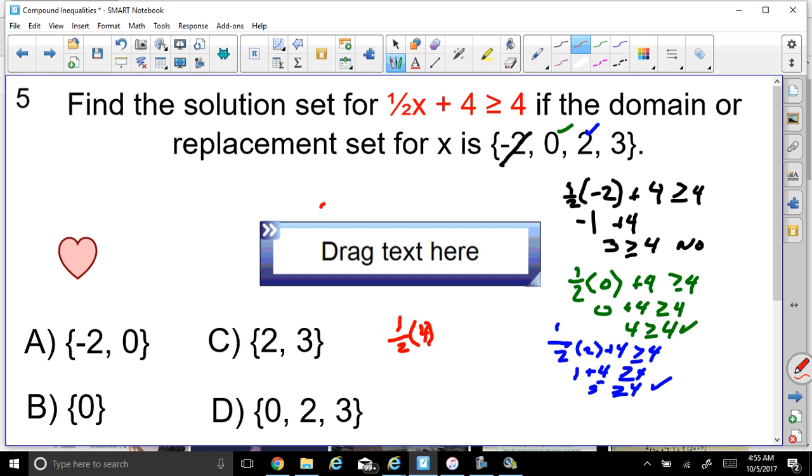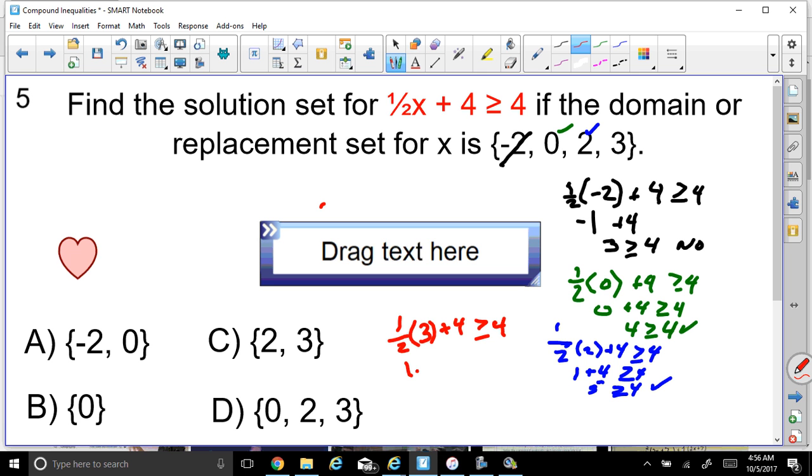Half of 3. Let's erase that. Let's get my little eraser. Half of 3. Okay, half of 3. And let's see, plus 4 is greater than or equal to 4.